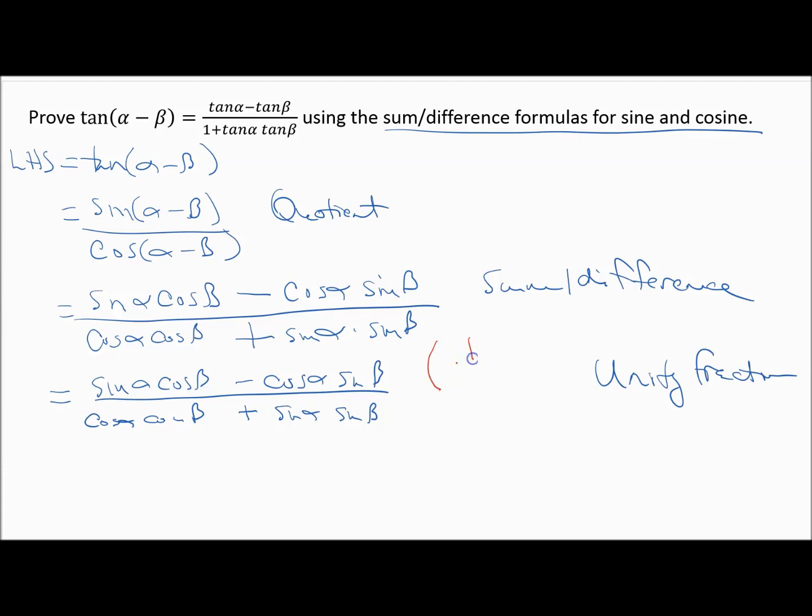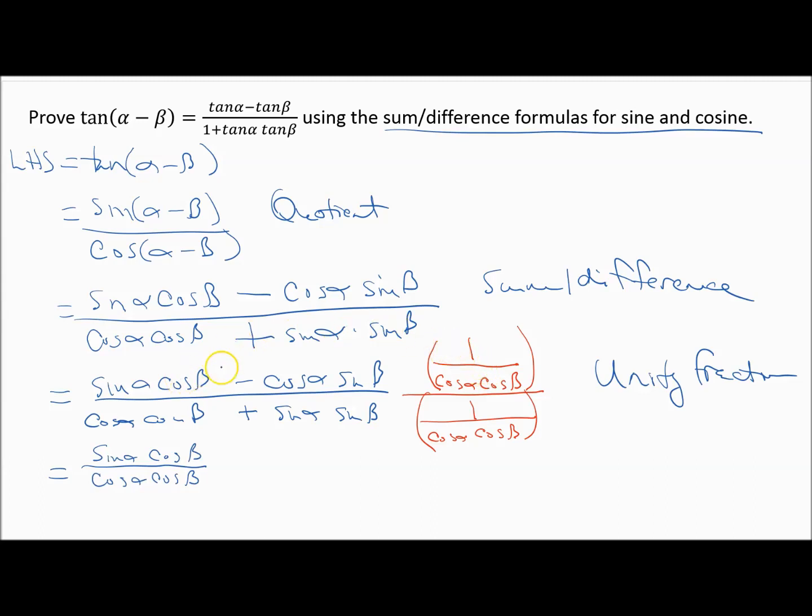This is going to be 1 over cosine of alpha, cosine of beta in the numerator, divided by 1 over cosine of alpha, cosine of beta in the denominator. Now that is a fancy unity fraction. You agree? So now I want to multiply these two together. So I have, this is equal to sine of alpha, cosine of beta, over cosine of alpha, cosine of beta. So notice I'm distributing.